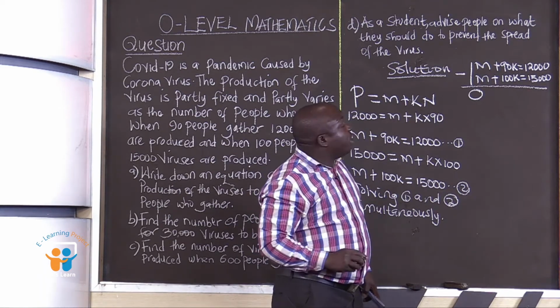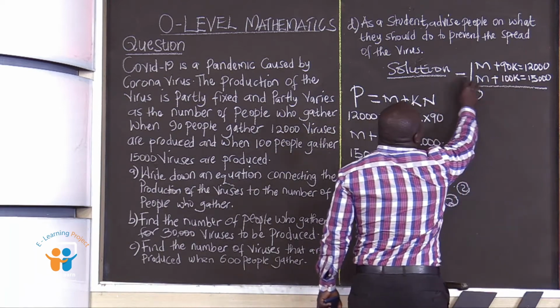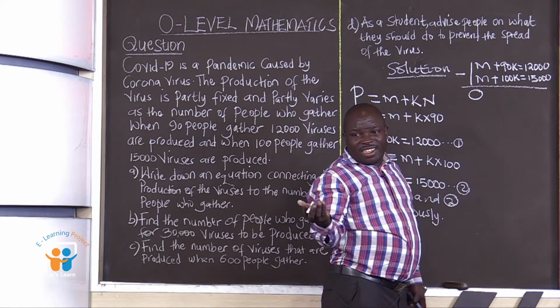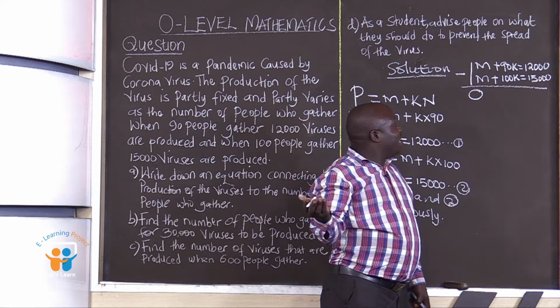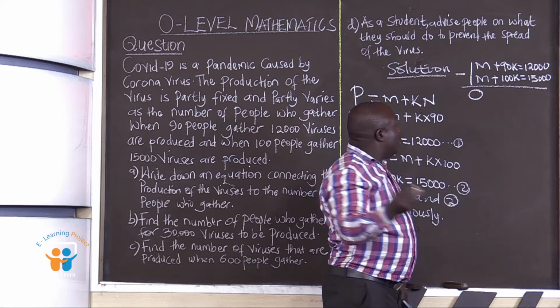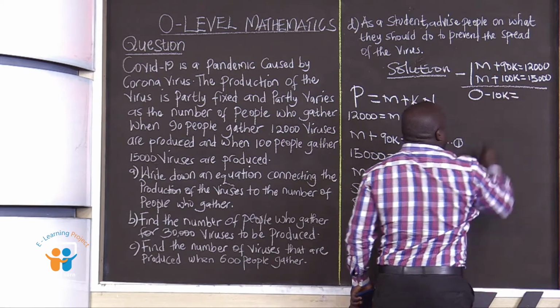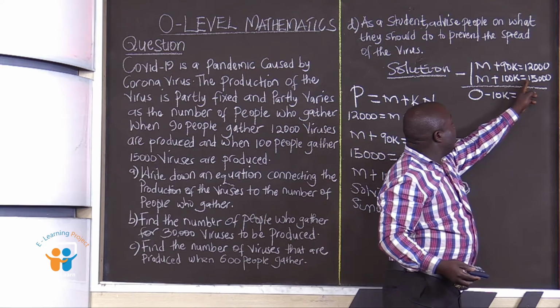We shall say 90k minus 100k. What do we get? Yes, negative 10k. Very good boy. Equals 12,000 minus 15,000.